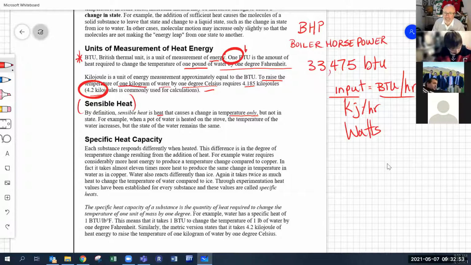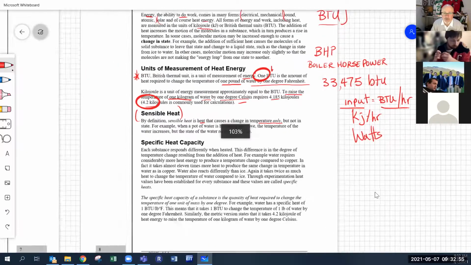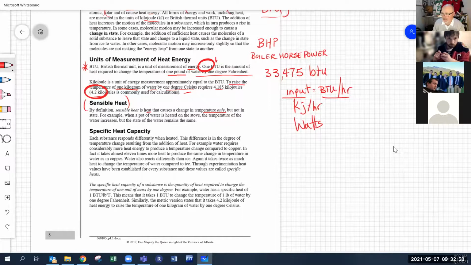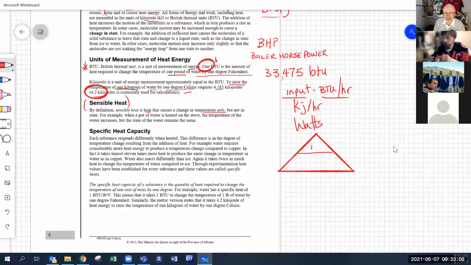Now, in what we have to do, we have to calculate sensible heat, and we will use a formula. This formula starts off by saying the heat, and the heat is measured in BTUs or kilojoules. We are also going to take the mass of the substance that we want to heat up.